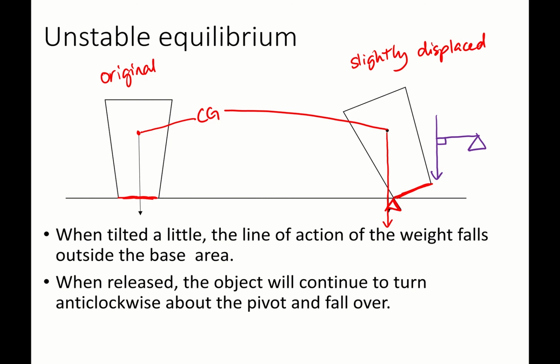However, this is the base area, right? So the line of action of the weight actually falls outside the base area, and in this case, it causes the object to turn anti-clockwise, and the object will continue to fall and then topple over.